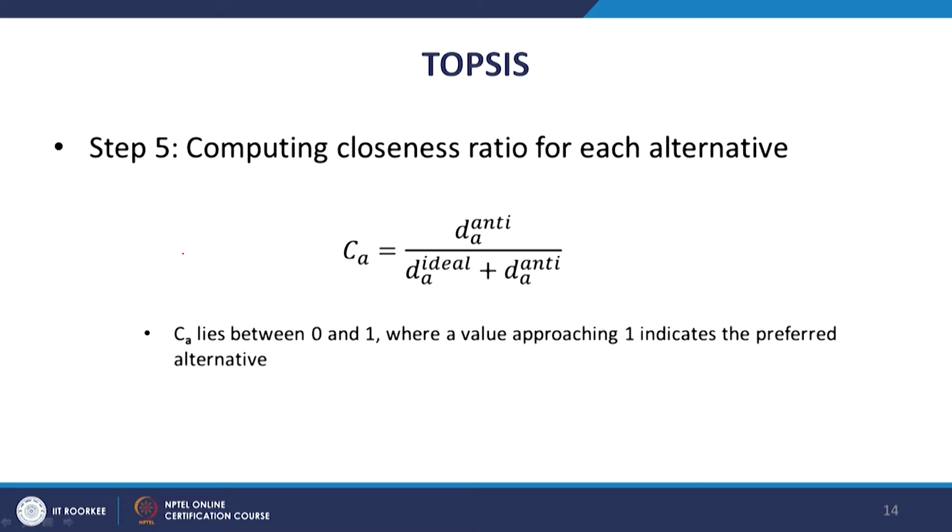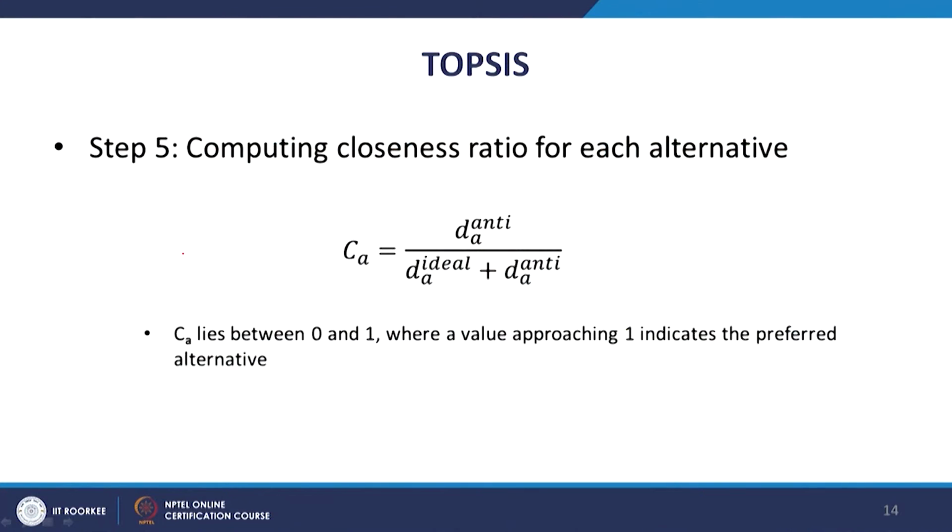In the numerator we keep the distance that was computed with respect to the anti-ideal point, and in the denominator the summation of both the distances, that is the distance from the ideal point and the distance from the anti-ideal point.